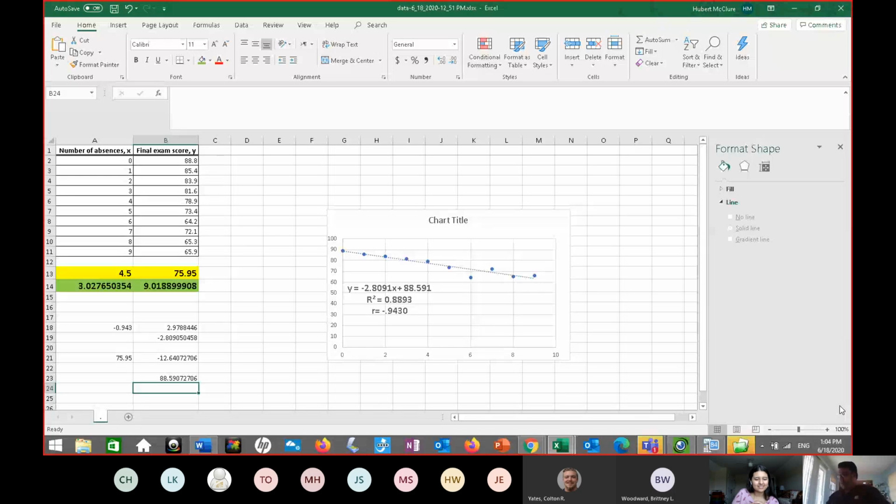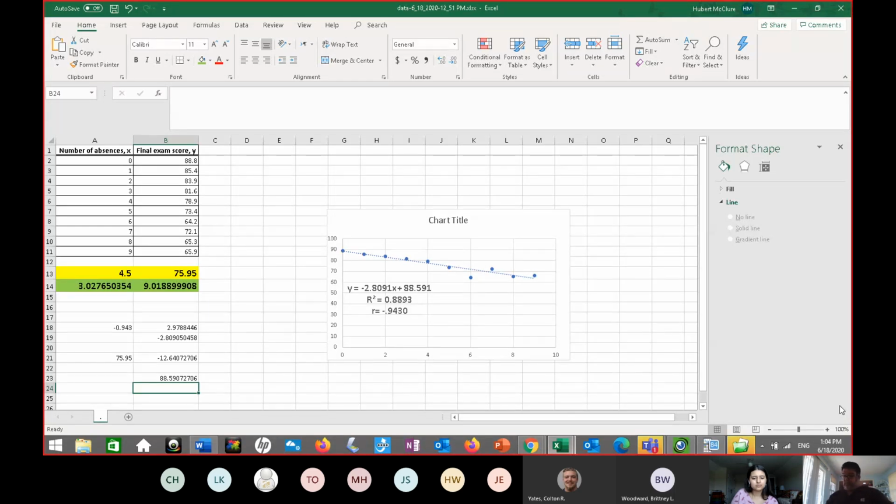So your final answer is y hat is equal to negative 2.81 x plus 89.59. Now the reason I don't have the same thing, they carried it 3 digits. I only carried it 2.